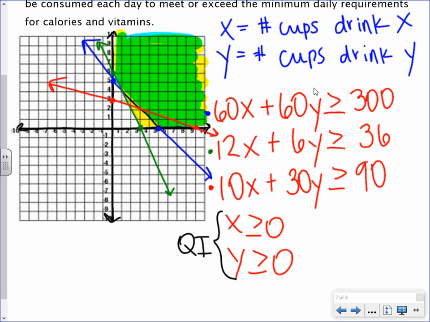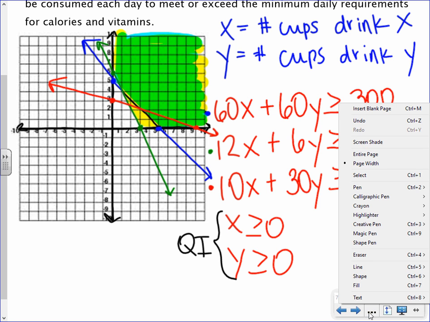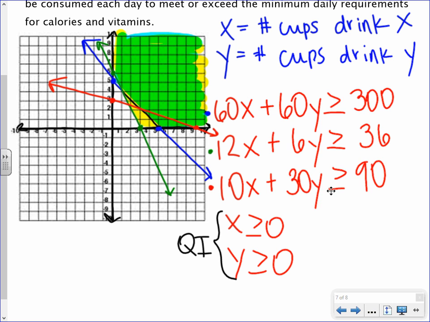Okay. And which way are we going to shade? Towards 0, 0 or away from 0, 0? Away. Away. If we plug in 0, it is not bigger than 90. So I'm going to shade.